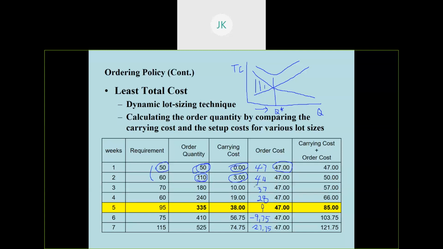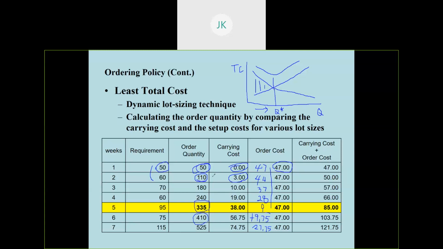Make it an absolute value, because it is just the distance between the order cost and carrying cost. If we increase the order quantity, the distance decreases, then increases again. Maybe at some point between 335 and 410 there is zero difference.